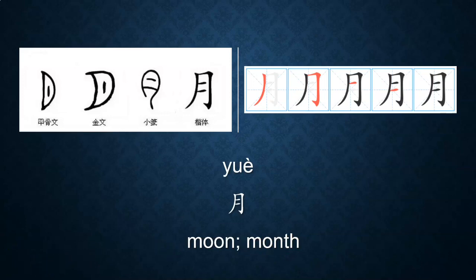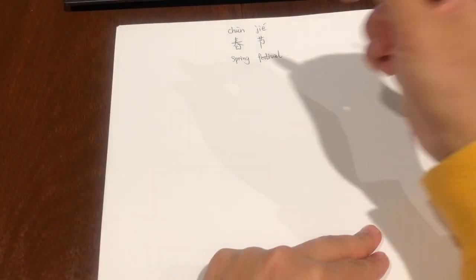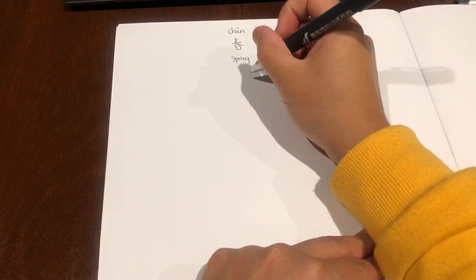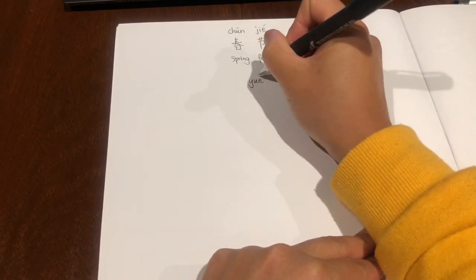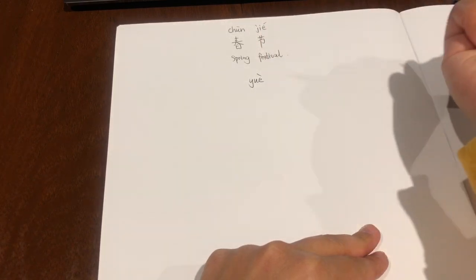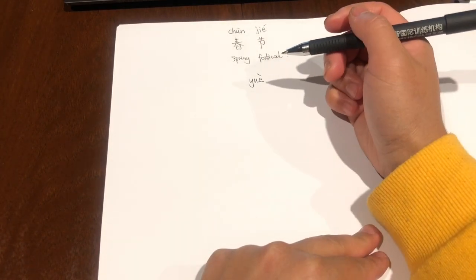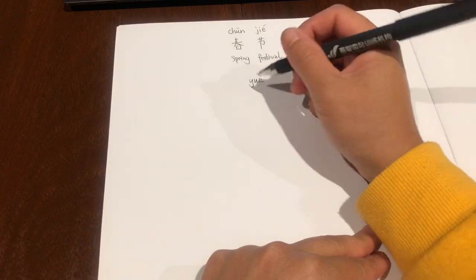What I want our students to do now is to write down this new word, yue, which means the moon or month, in our Chinese book. Let's do it together. Firstly, we write down the pinyin for yue, 4th tone. And then here, stroke by stroke, we are going to write the character for yue.